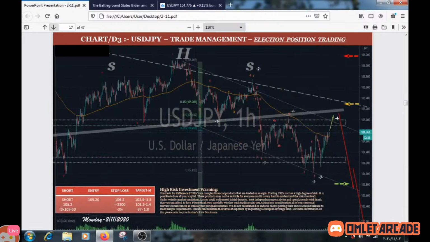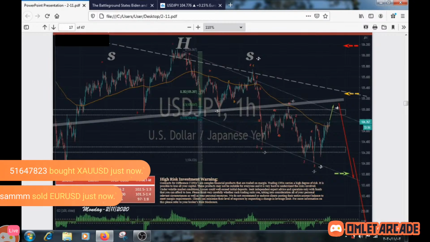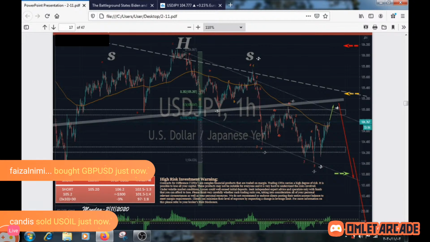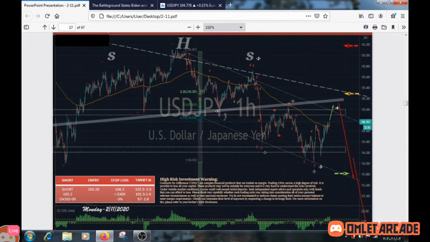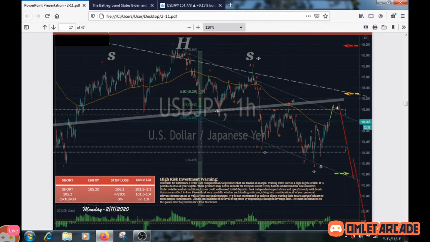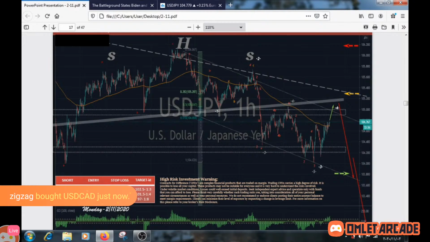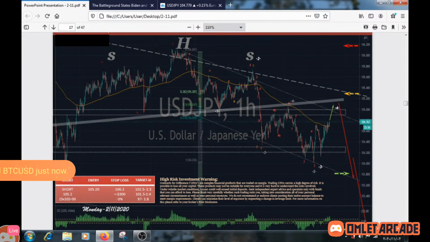And for trade management, this is what we're seeing. This is the 1 hour chart, and this is the current market action. We could be seeing currently the market is going to wave 3 with a correction 4 all the way up to 105.2. Could correct all the way up to the head, which would mean that we can see another double head or multiple head structure, but the upper boundary of the ascending triangle cuts.